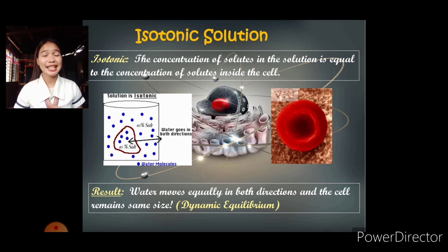So there is an equilibrium: equal amount of solute and equal amount of water. So what will happen? The result is that the water moves equally in both directions and the cell remains the same size. This process is called dynamic equilibrium.